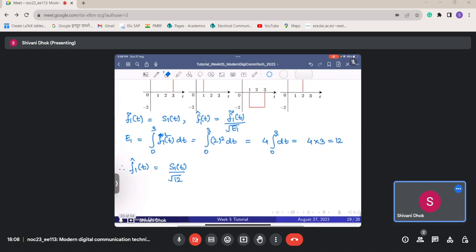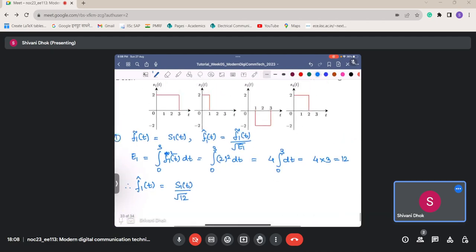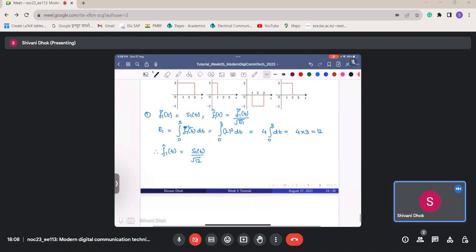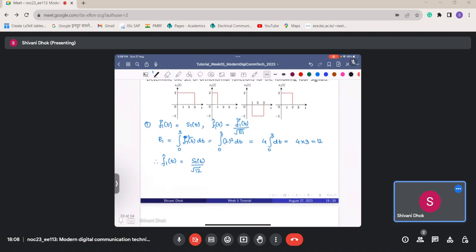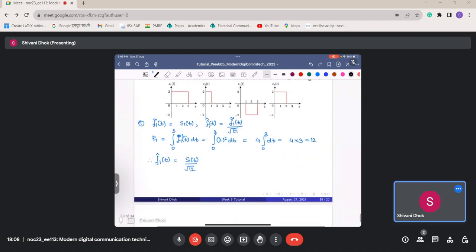Okay, so how will it look? Let us try to plot it. It will look something like this. This is my t axis. This is 1, this is 2, this is 3, and this s1 is getting scaled by 1 by root 12, so that will be 2 by root 12, which is 2 upon 2 root 3, which is 1 by root 3.